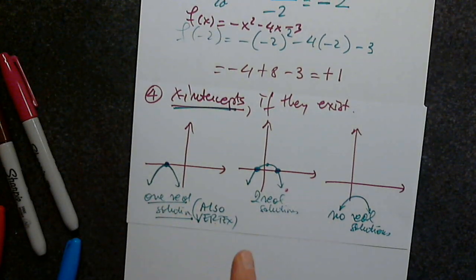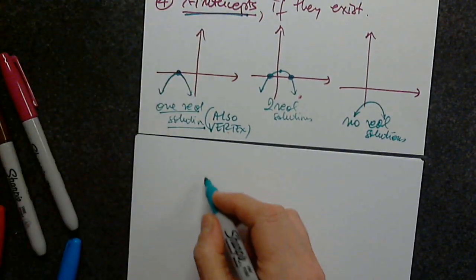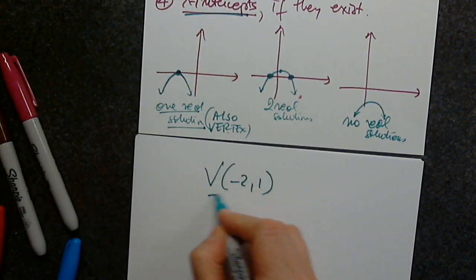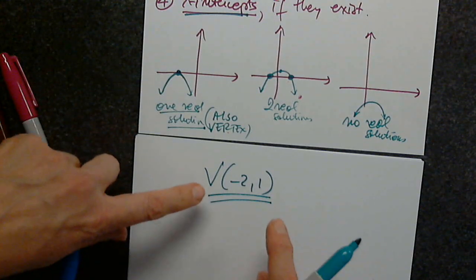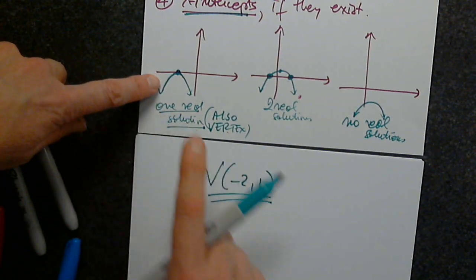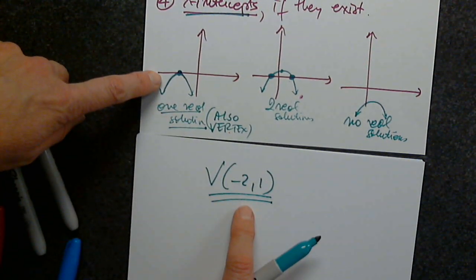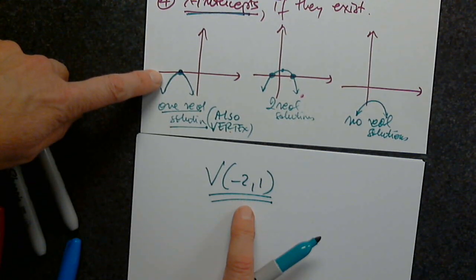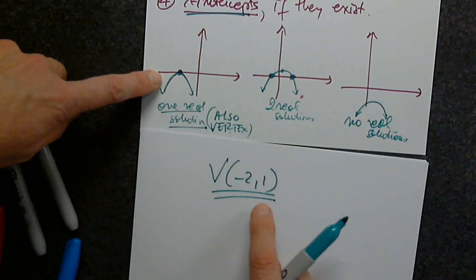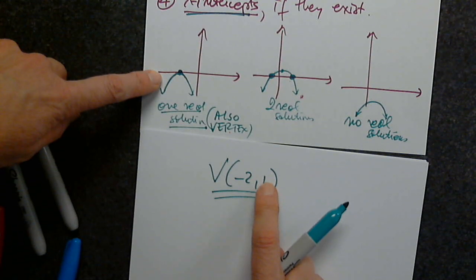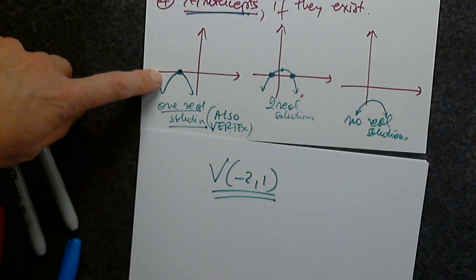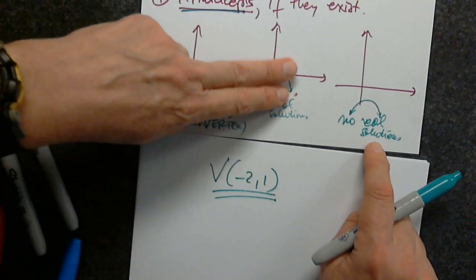And now I'm ready to establish whether it's this or this or this based on the vertex. The vertex is -2, 1. Can the first situation have a vertex of -2, 1? No, because the y coordinate must be 0. Let's jump to the last one.